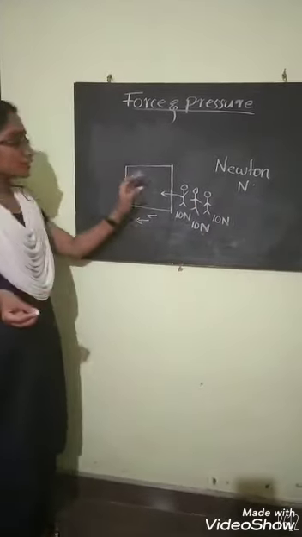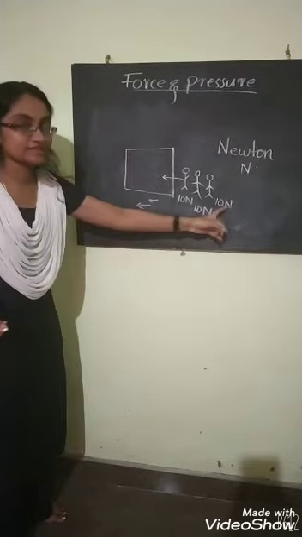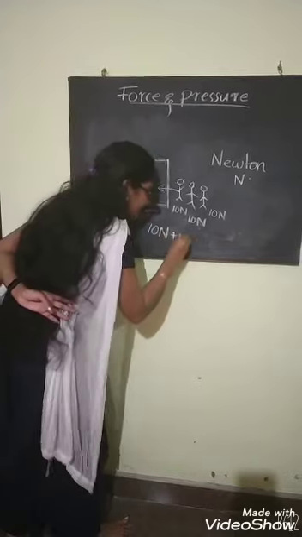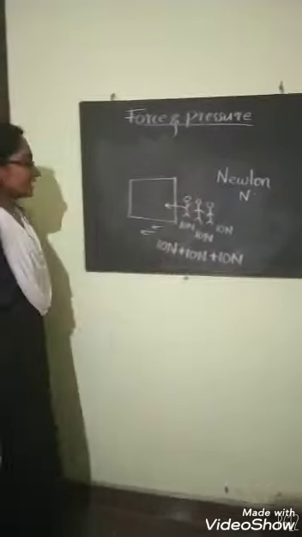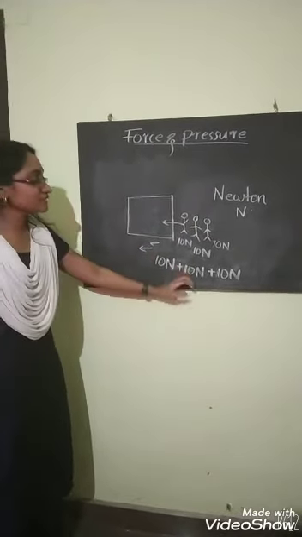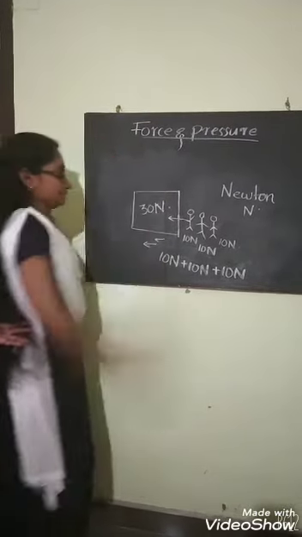So, the total force acting on this block is the sum of these three forces. That is 10 Newton plus 10 Newton plus 10 Newton, which gives 30 Newton acting here.